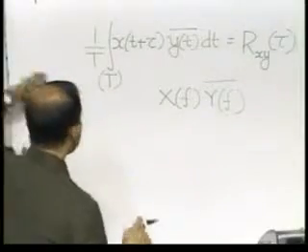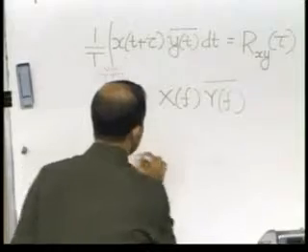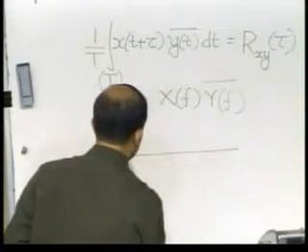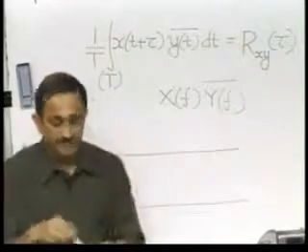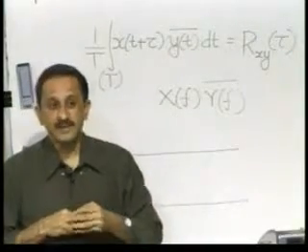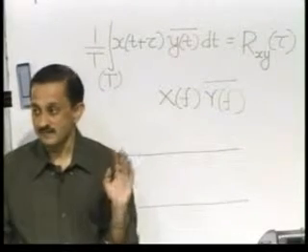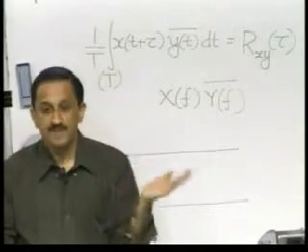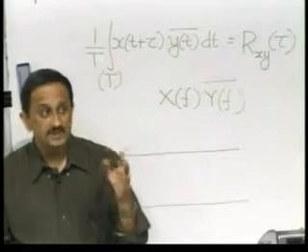Now we carry the idea forth from here. We look at the spectrum of x and the spectrum of y. Please remember that the spectrum of x and the spectrum of y are both trains of impulses because they are both periodic. But they may have different fundamental periods.